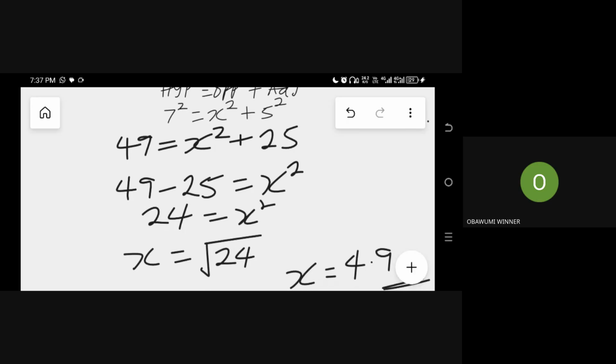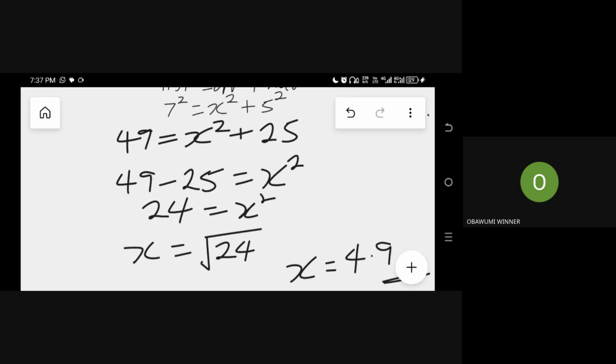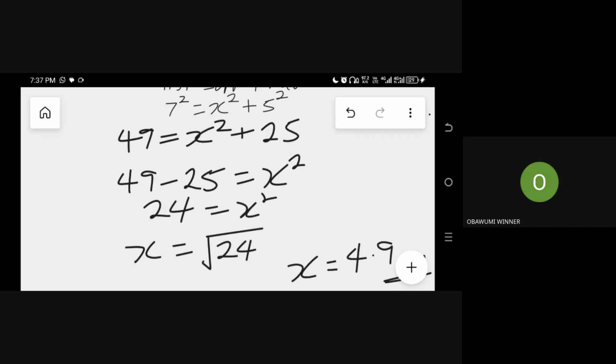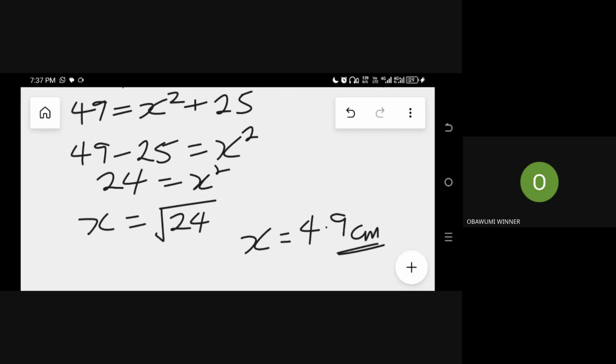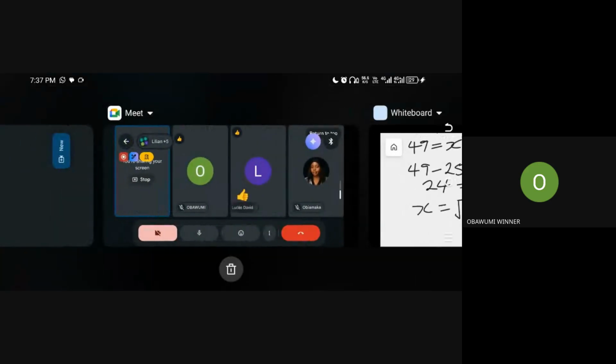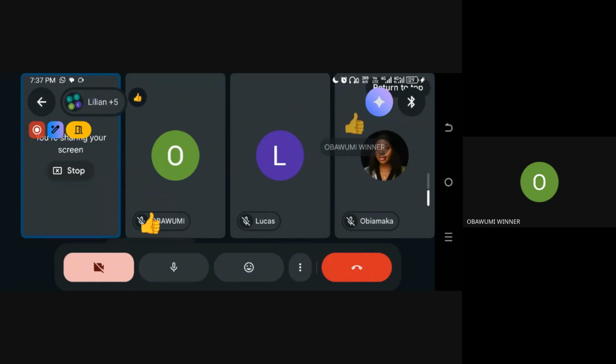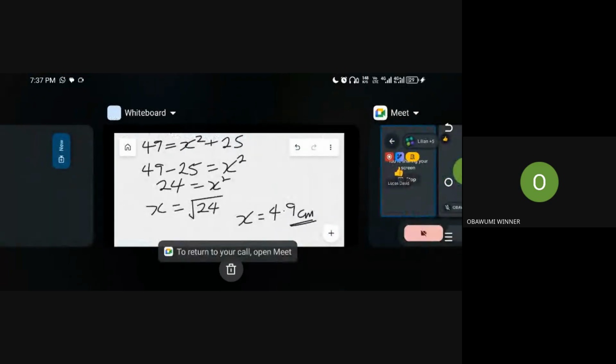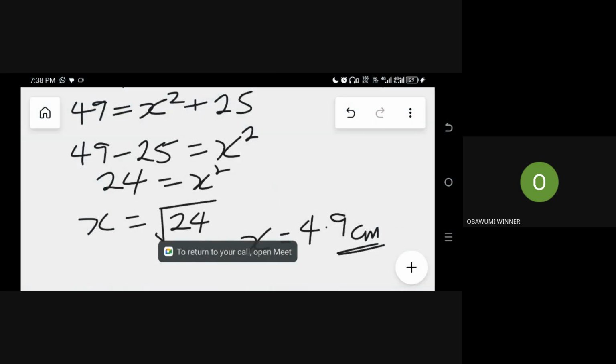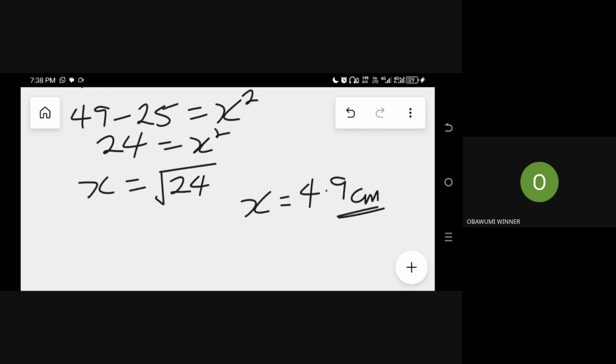Then, of course, looking for the square root of 24 so as to get the value of S, we had 4.9 as the result. Does everybody understand how we got the distance of the chord from the center of the circle is 4.9? Okay. All right. So now we'll look at another question.